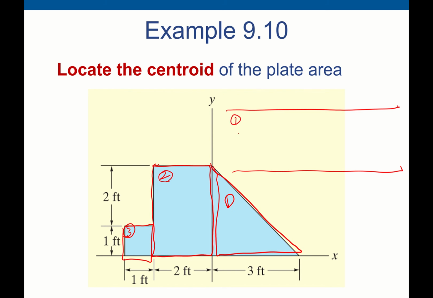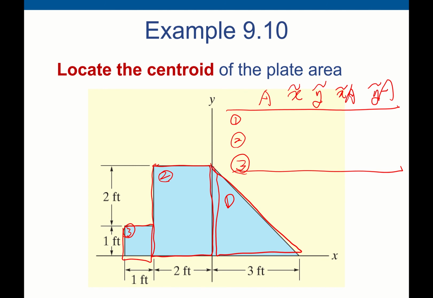Okay, so first, second, third, we want to know the area, and we want to know the x tilde, y tilde, and x tilde times A, y tilde times A. So let's start with the first one.